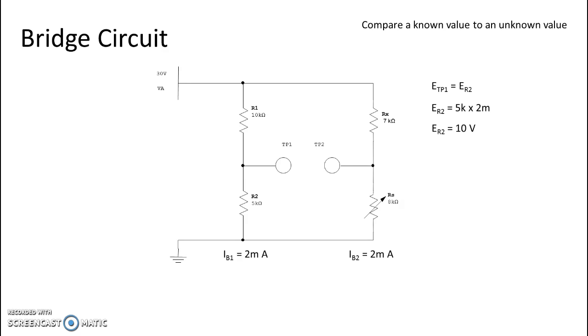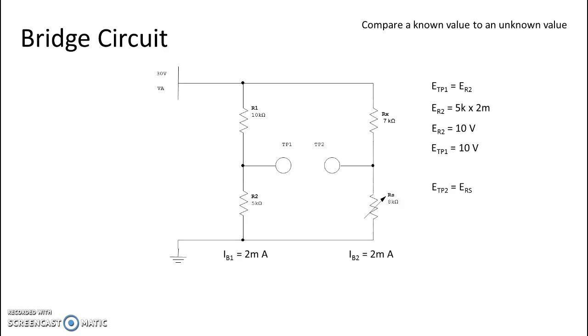We do the same thing on the other side of our circuit. If we put our red lead on test point 2 and our black lead on ground, the only thing in between those 2 points is Rs. So the voltage at test point 2 is the voltage on Rs. We're going to use the same process.